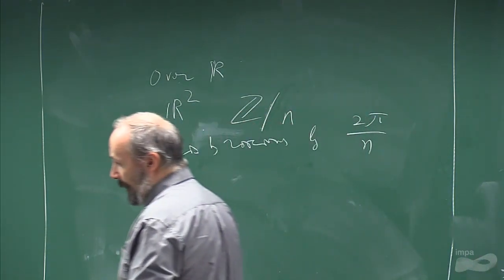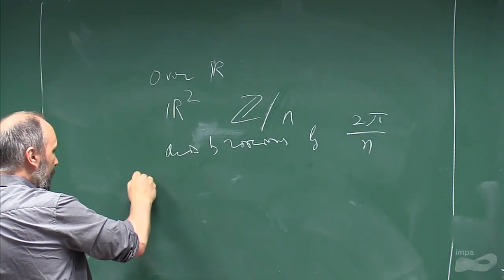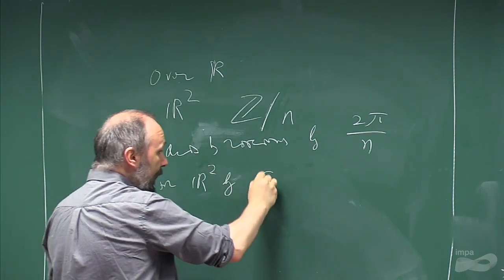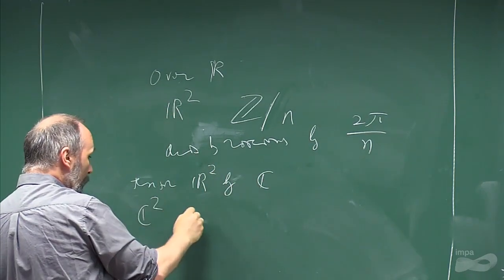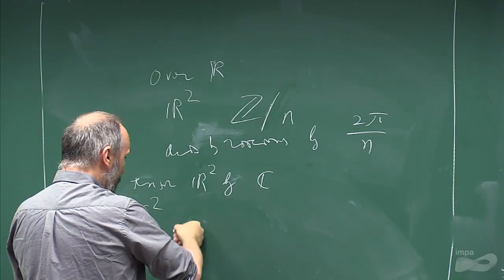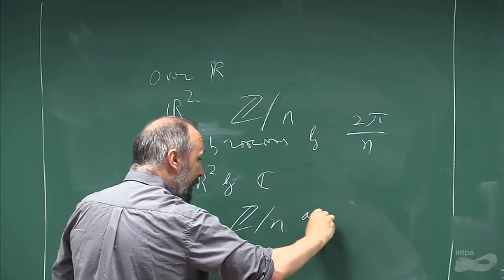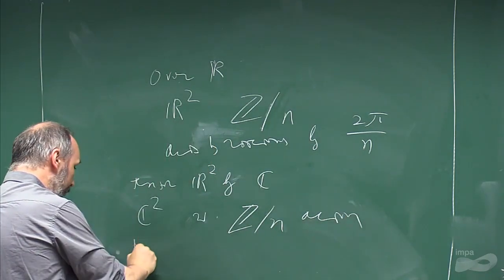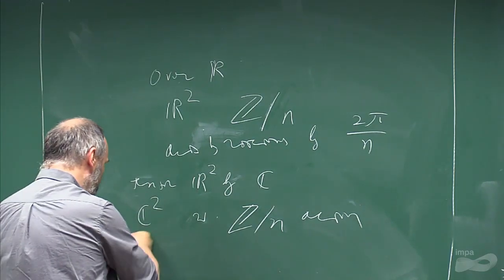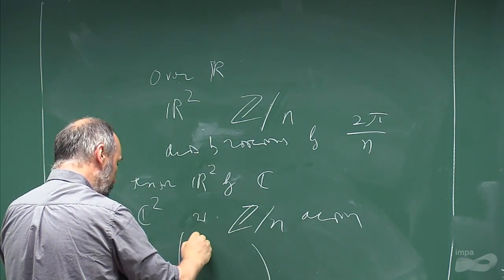Of course, if you tensor this by C, it stops being irreducible, because if you tensor R^2 by C, you obtain C^2, where Z/N acts with two eigenvalues as rotation.